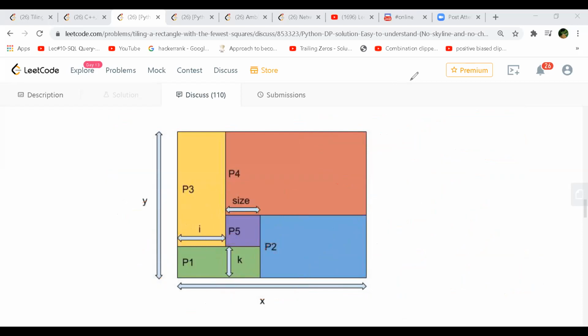I was actually thinking maybe we could do it. I'm still implementing it, but I was thinking in a different way. The rectangle has an area of m into n, right?